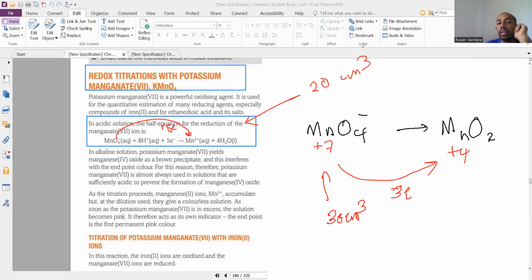Can anyone tell me why the titer value increases in the alkaline medium? Teshara, what do you think? Niola, why does the titer value increase in the alkaline medium?